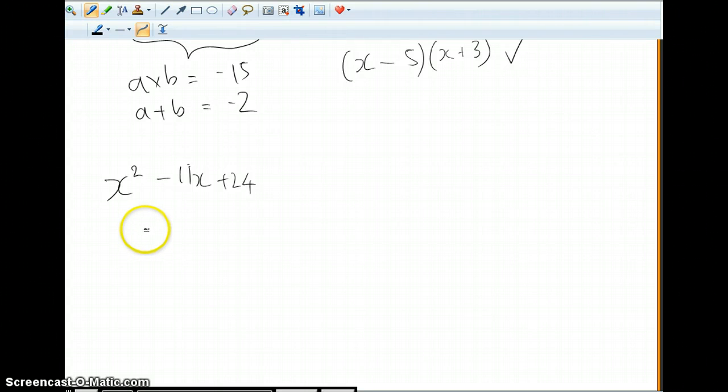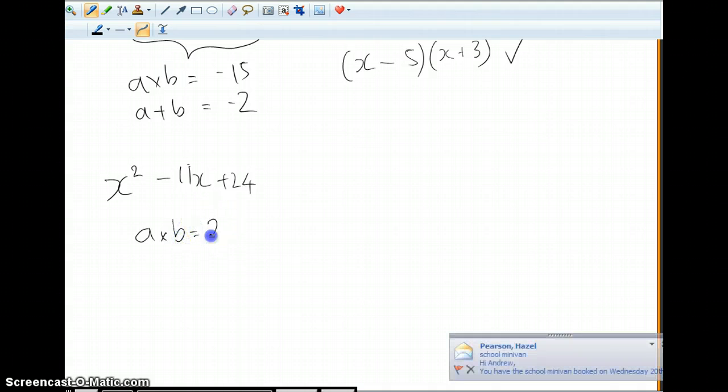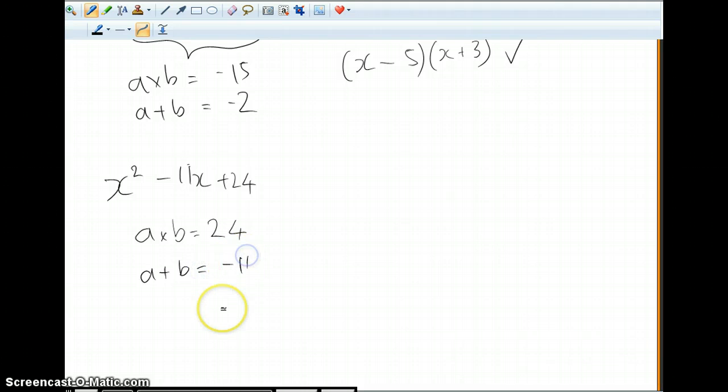Okay, exactly the same practice. A times b must give positive 24. A plus b must give negative 11. Factors of 24. 1, 2, 3, 4, 6, 8, 12.